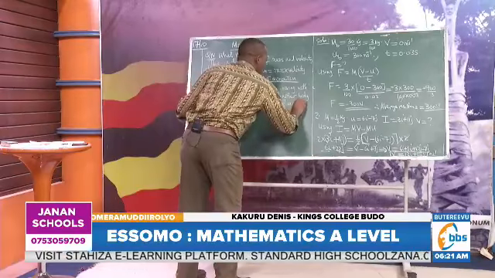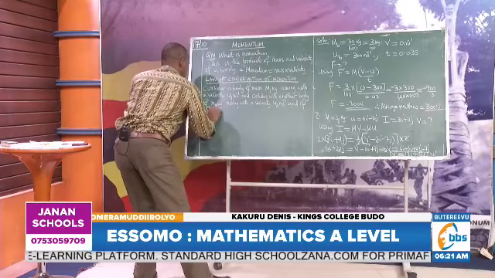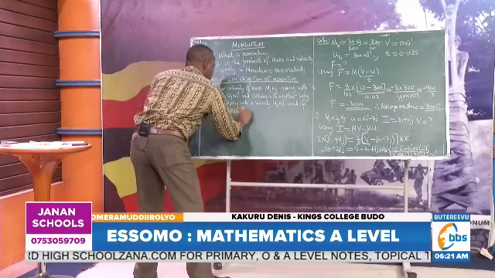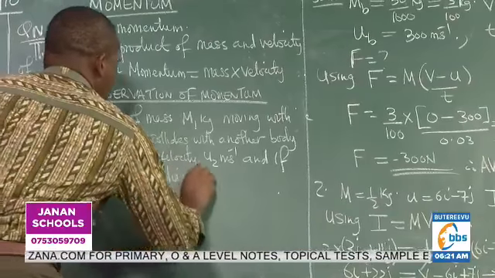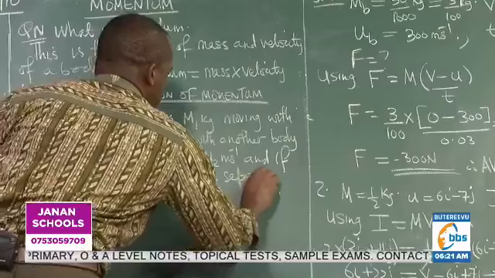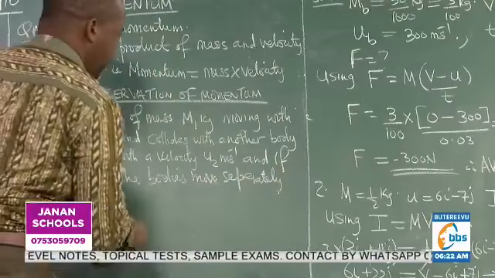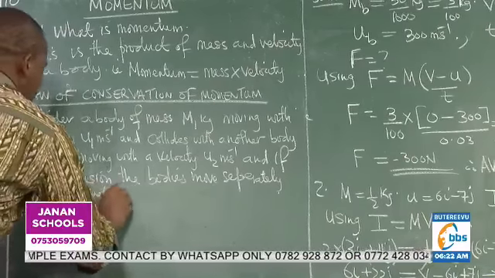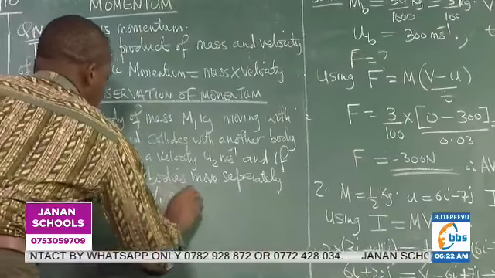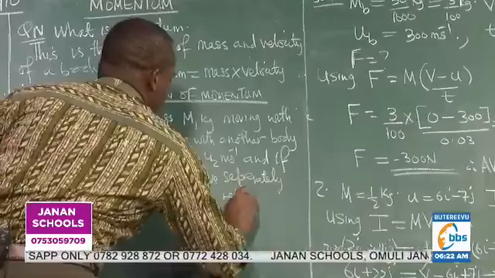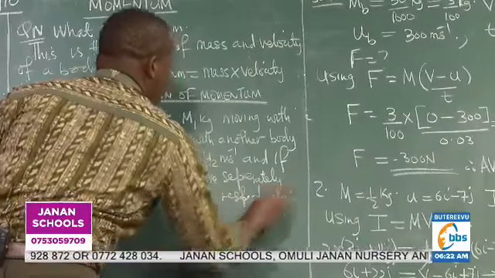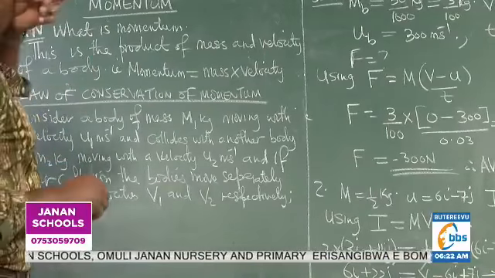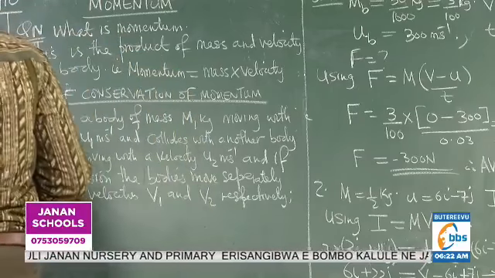And if after collision the bodies move separately, if they move separately with new velocities v1 and v2 respectively, then we can say that during collision there was a force that was involved that caused the change in this velocity, as we may be aware.